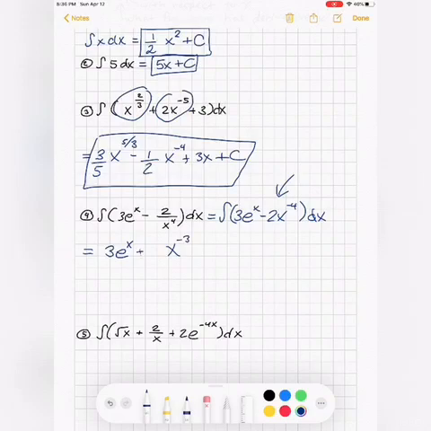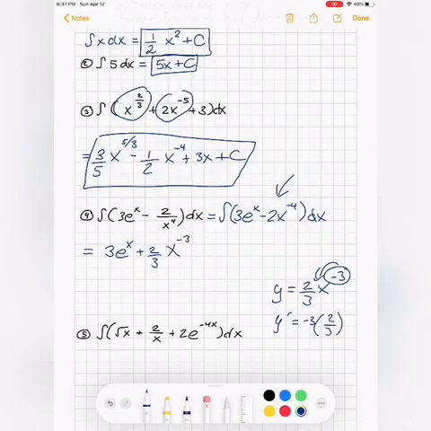And then what would it be? Plus a 2/3? I'm just thinking of differentiating that. If I differentiate that, this comes down. Subtract 1. Okay, looks correct then. Plus constant.